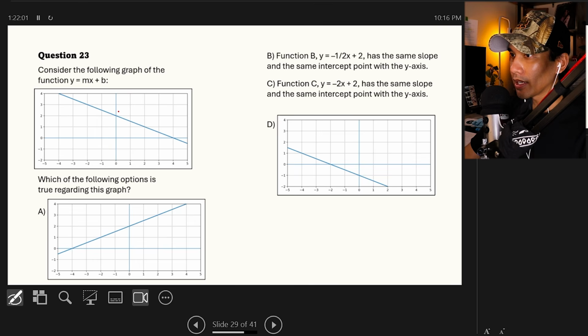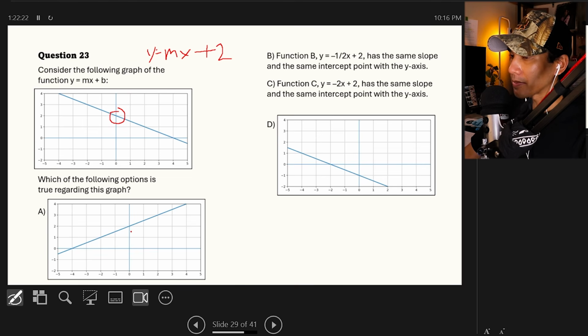But it's already given to you here, so it's 2, so it'll be like y equals mx plus 2, and then you just find the slope and try to match it with one of these. So this could be it because it has a positive y-intercept. This could be it.